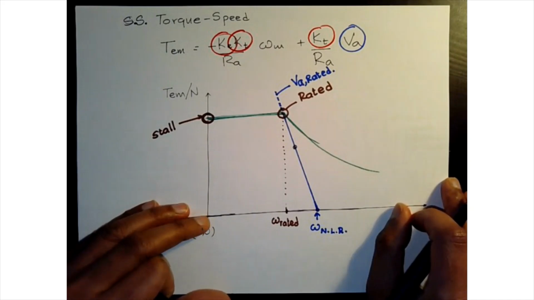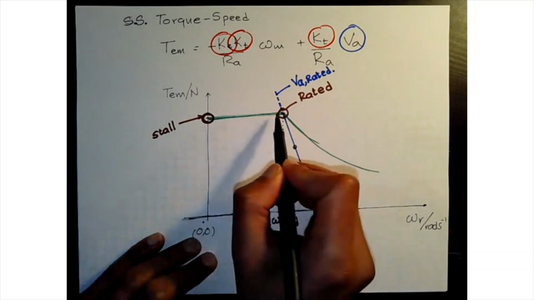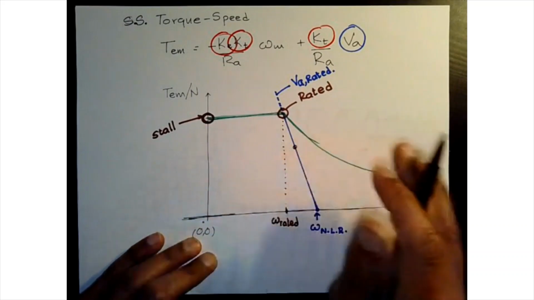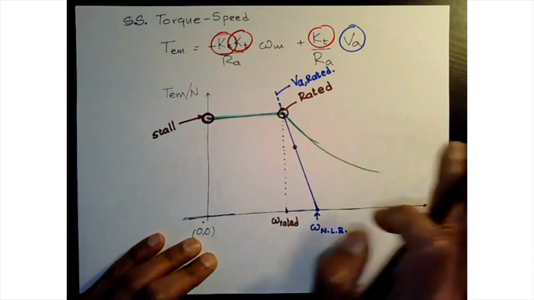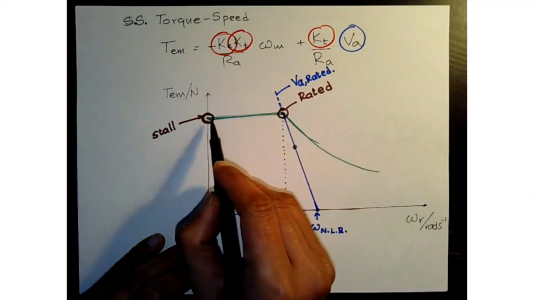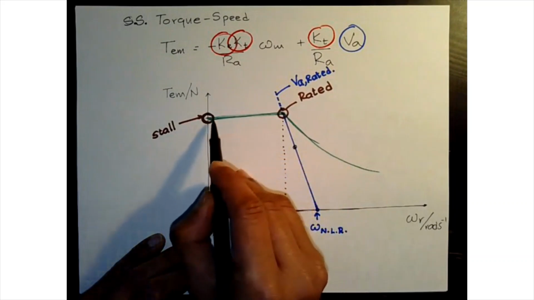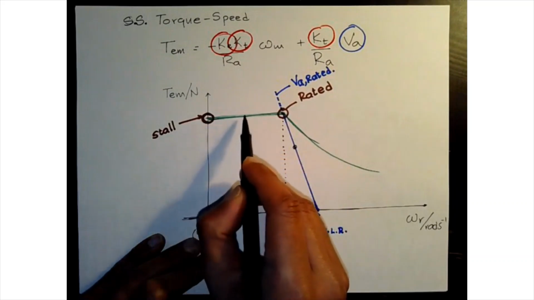Now we have to think very carefully. So torque is constant. We know TEM is KT times IA. So along this curve, is current changing? Current is not changing.